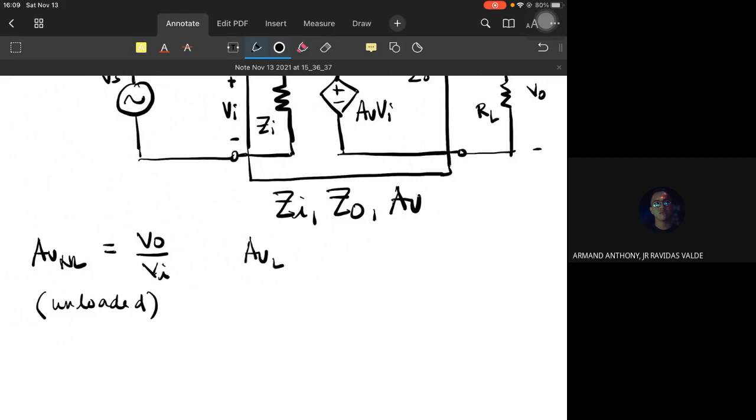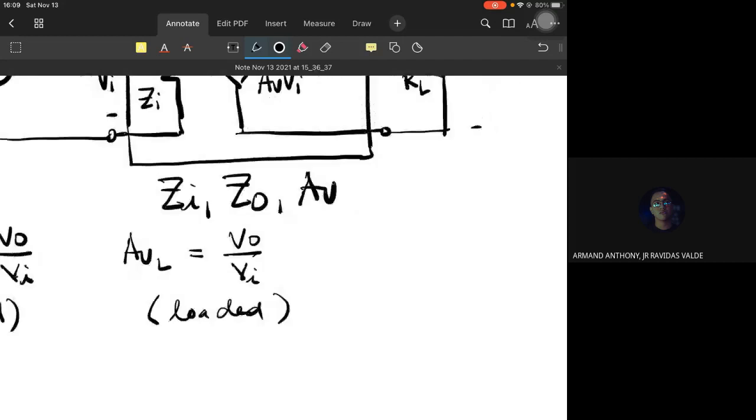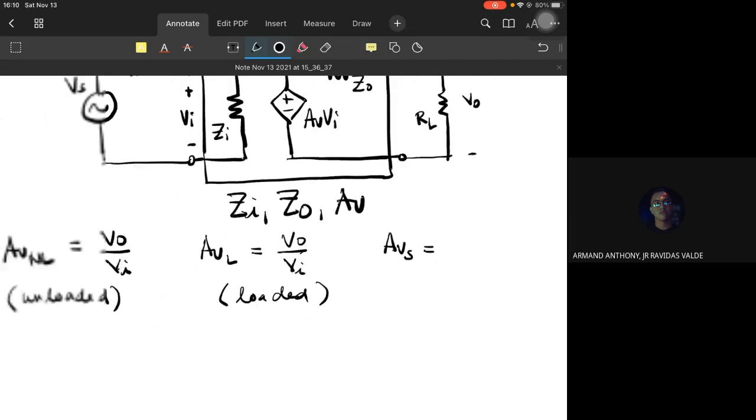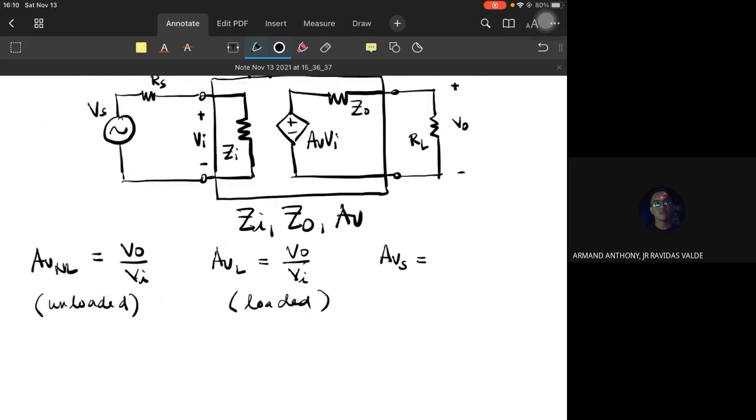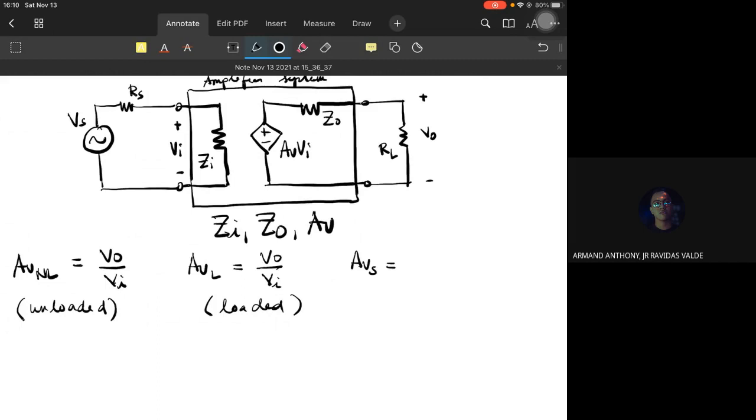For AVL, it is still the same formula, VO over VI, but with the load connected. For AVS, the source voltage gain, or voltage gain with the effective source, it's VO over VS.